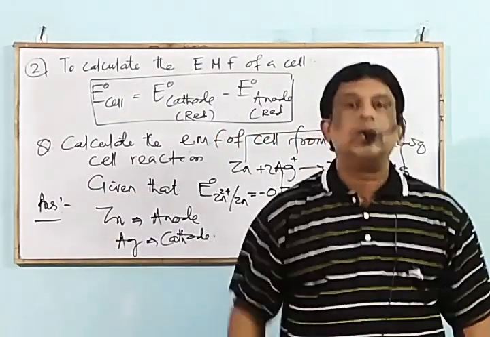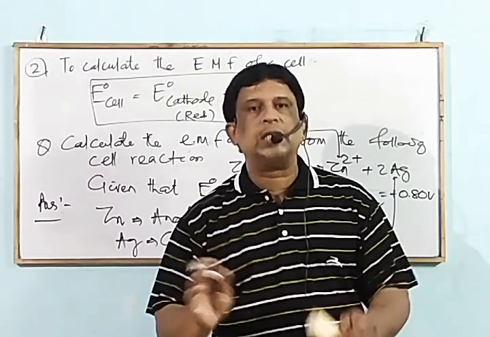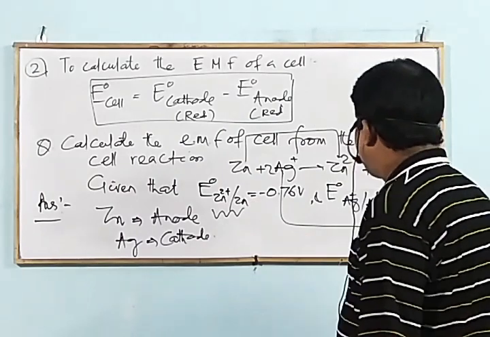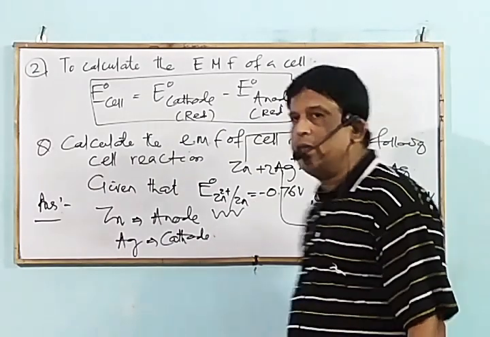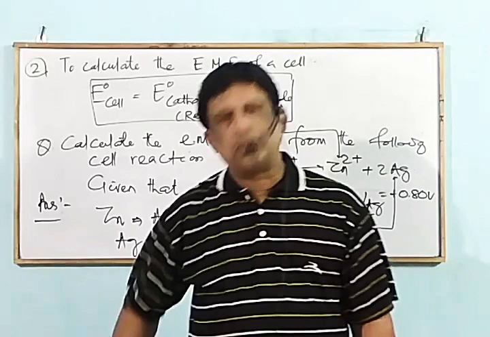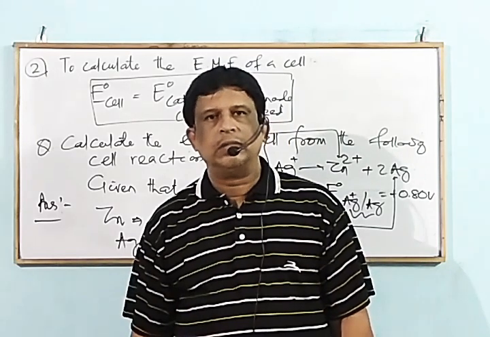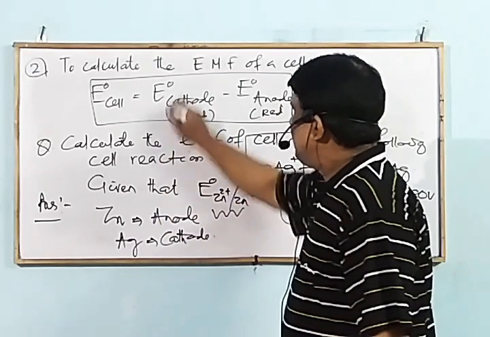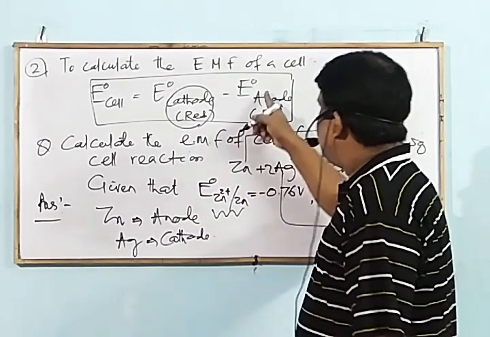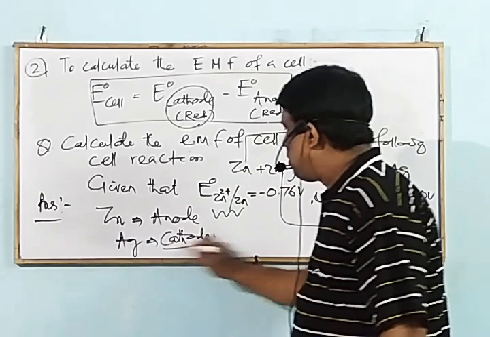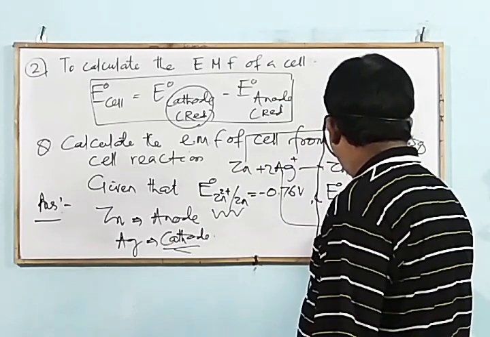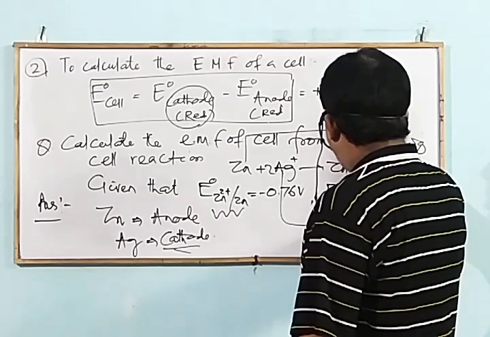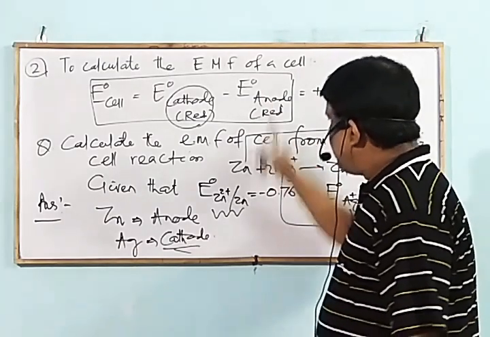Then switch over to the reduction potential or oxidation potential that is given. Mark that here ion transfers to atom, and here ion transfers to atom. That means both are in reduction potential form. Then the simple answer: apply this formula, cathode reduction minus anode reduction. Which one is cathode? Silver. What is the reduction potential? 0.80 volt, minus, which one is anode?